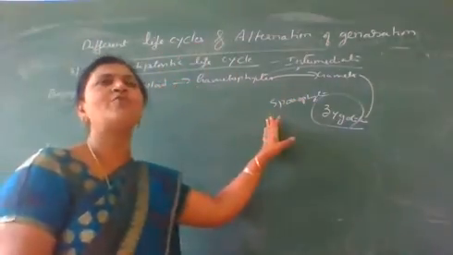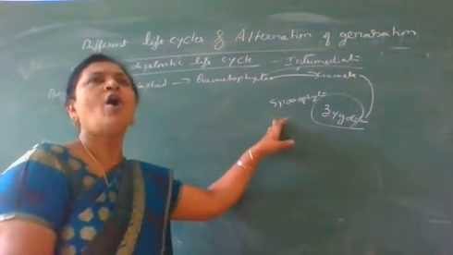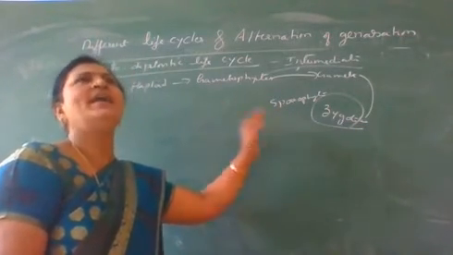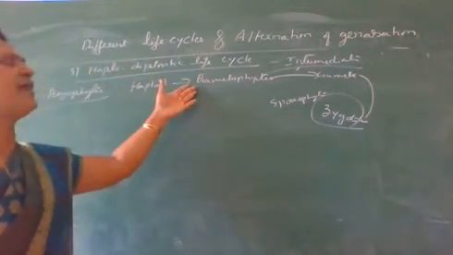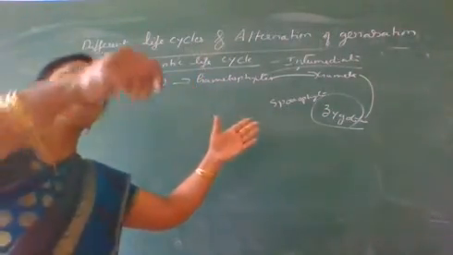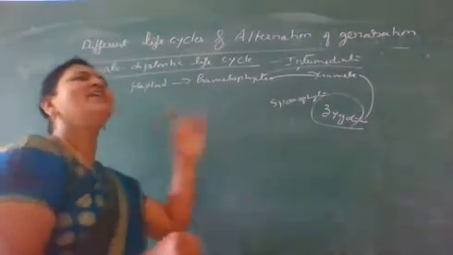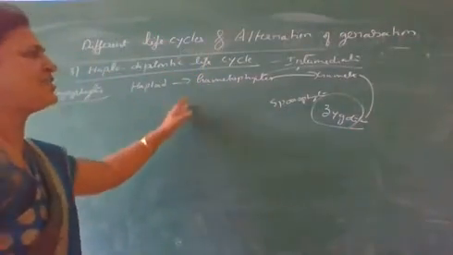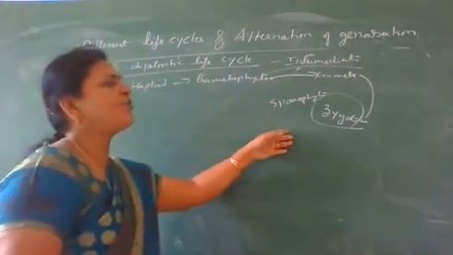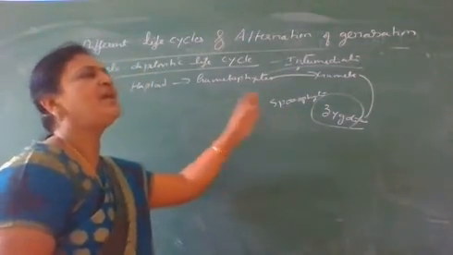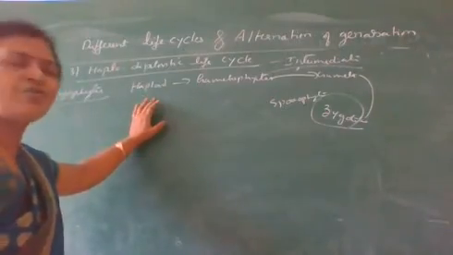But this zygote, which is diploid, develops into a sporophyte, but that sporophyte is dependent on the gametophyte, because the sporophyte is always a fused cell, highly reduced, and dependent on the gametophyte because it is present inside the female gametophyte. Therefore, we can say this is dependent on the gametophyte.